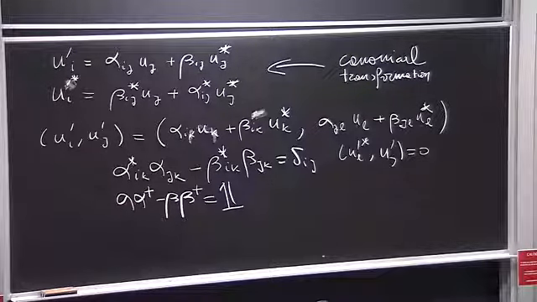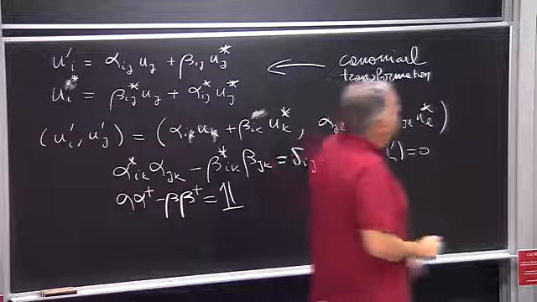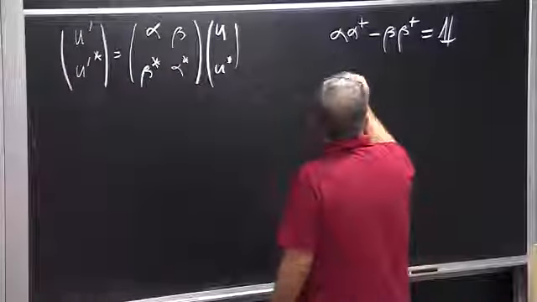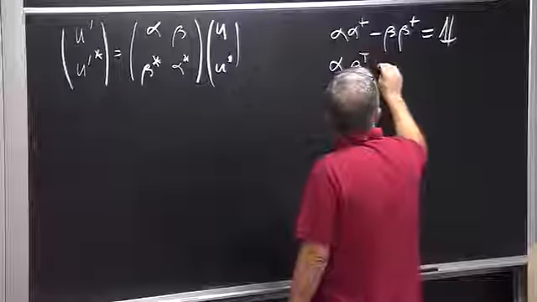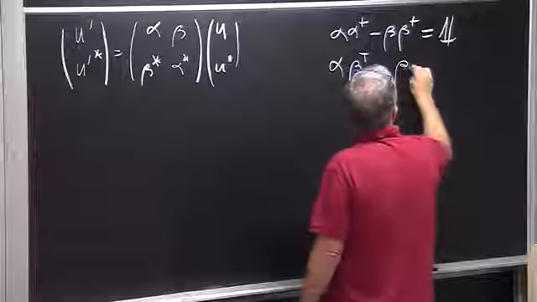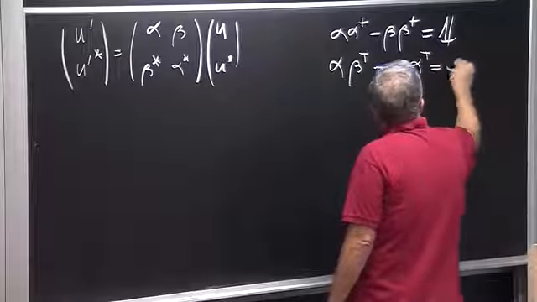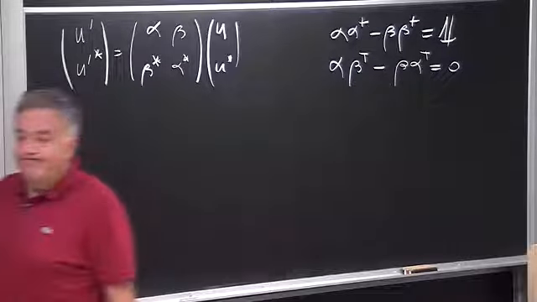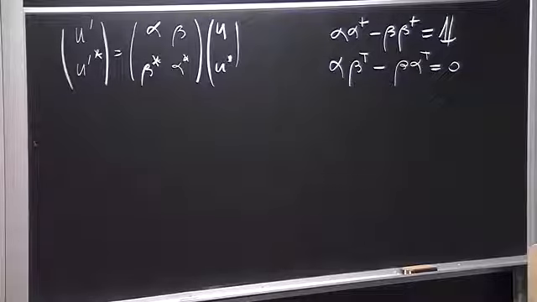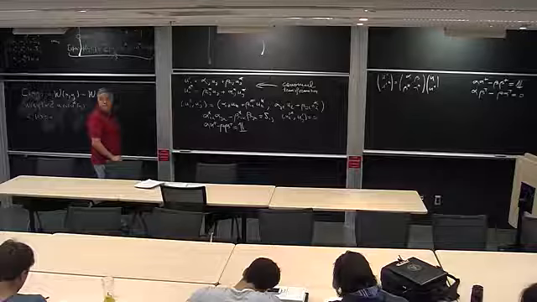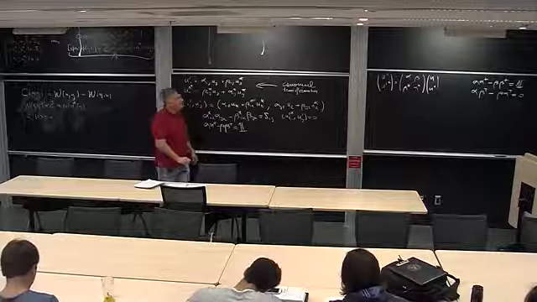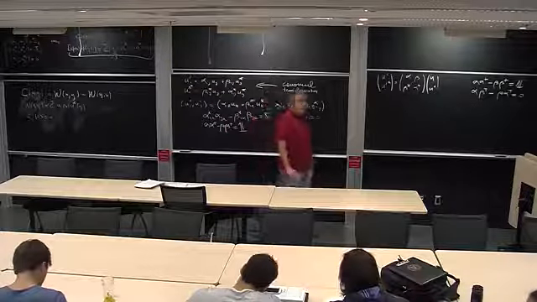And this gives, if you do the same calculation I did here, the condition alpha beta transposed minus beta alpha transposed equals 0. Do the calculation, you can verify this. Okay. Is there any question?